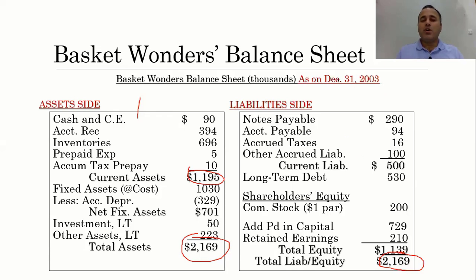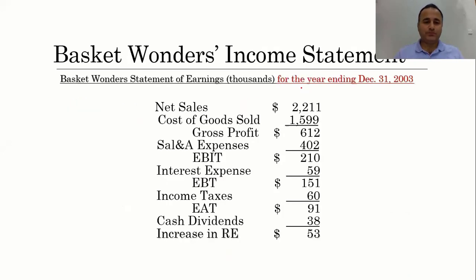The most important message that you should take away from this slide is this one. As you may remember from your financial accounting course, a balance sheet is made as on date. So this is the financial position of Basket Wonders as on December 31st, 2003. The income statement, on the other hand, is for the year ending.